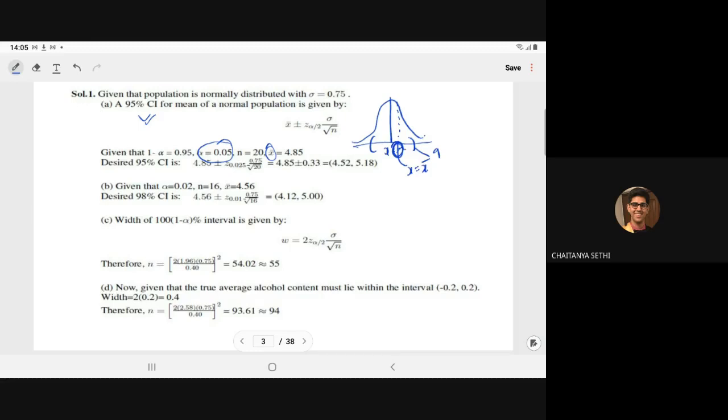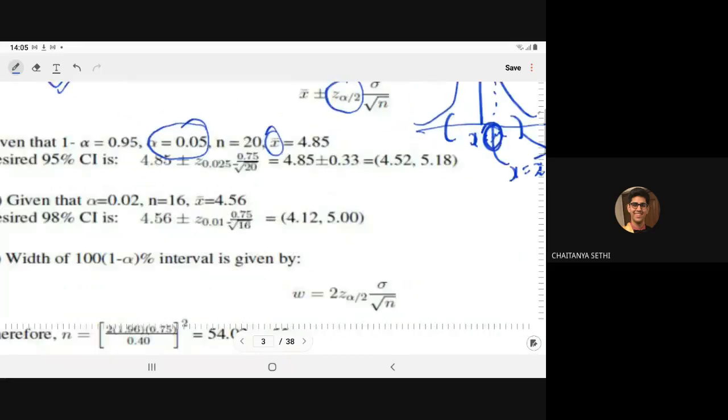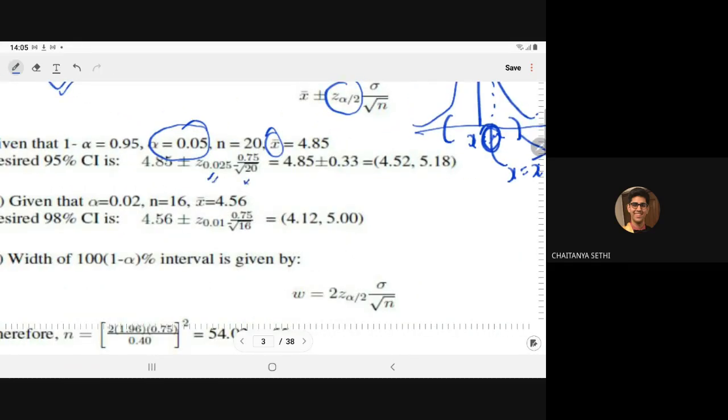Because we have to take the confidence on both sides, we take alpha by 2, z of alpha by 2. Alpha is 0.05, so it will become z of 0.025, and sigma is given here as 0.75 divided by root n, so root 20. So it will come to 4.85 plus minus 0.33.